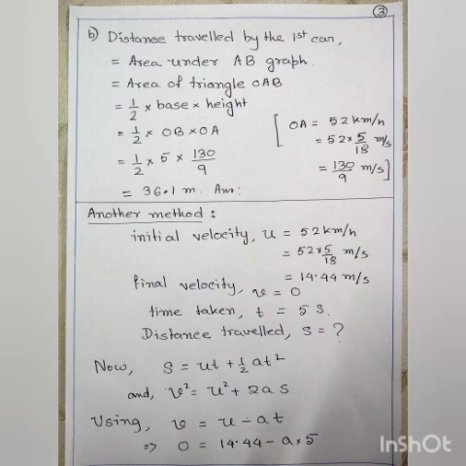So all terms we have to use in the same unit system. Clear? So just multiply 52 km/h by 5/18, and what will we get? 130/9 meter per second. Okay. Substitute all the values, what will we get? Area equals 36.1 meter.